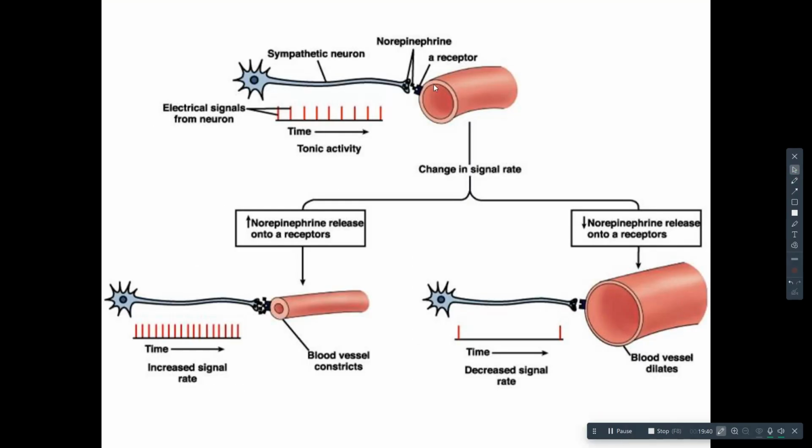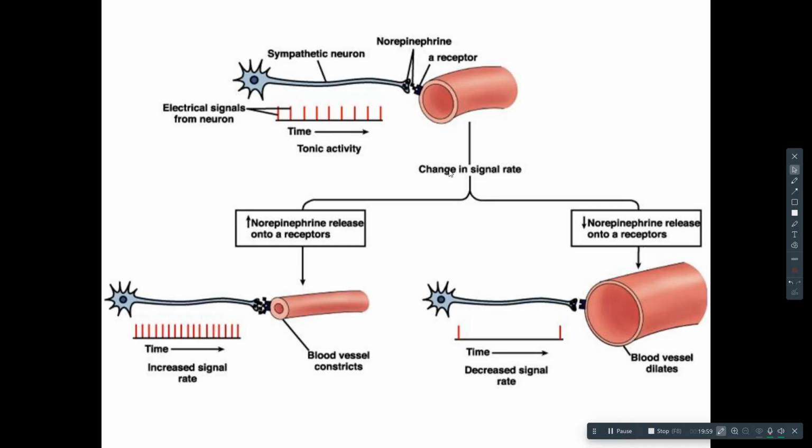So here I have an arteriole. It is in a semi-state of contraction because a vasomotor neuron is always releasing some norepinephrine. So what can I do? I can do two things.